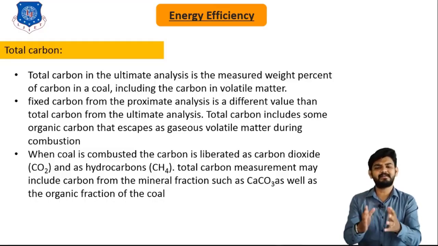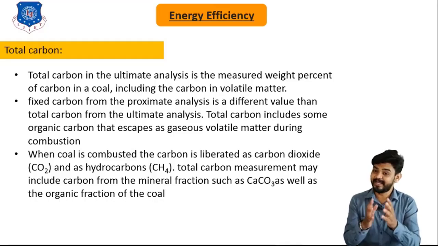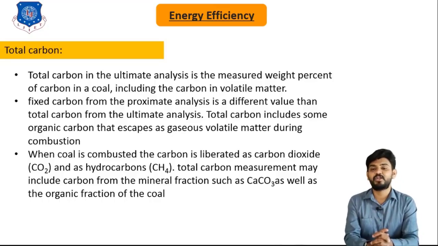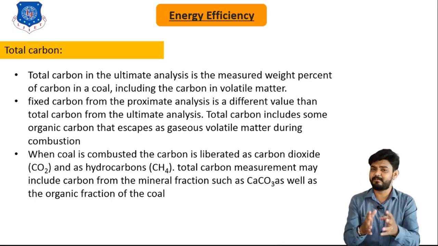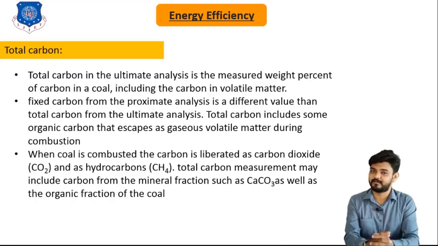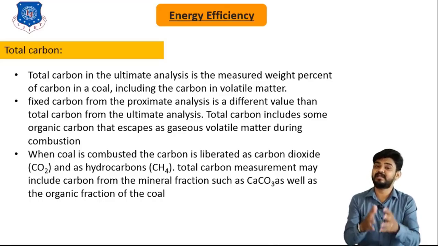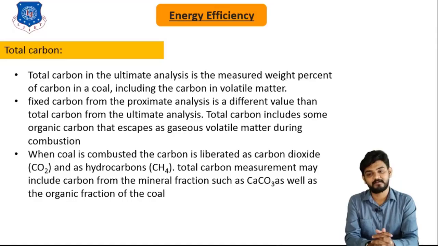The total carbon includes the total organic carbon that escapes during the combustion reaction in the form of volatile matter. The proximate analysis, where we measure carbon percentage, does not include carbon present in the volatile matter, while the ultimate analysis total carbon includes the carbon present in the volatile matter.